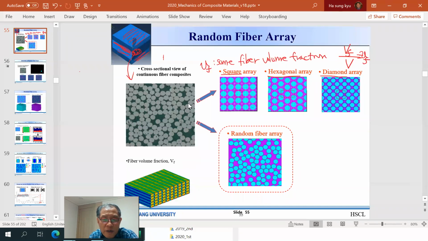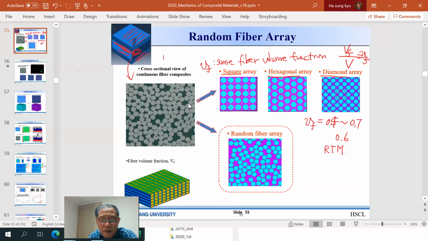Usually VF is from 0.4 to 0.7, depending on the manufacturing process. The most standard one will be 0.6 for the regular RTM, resin transfer molding.